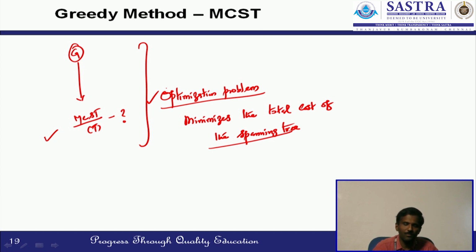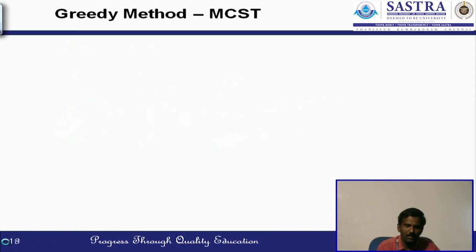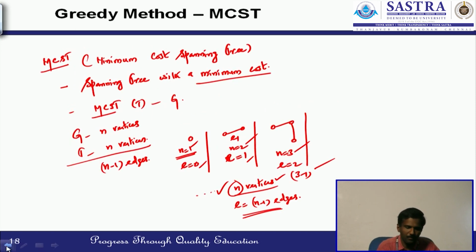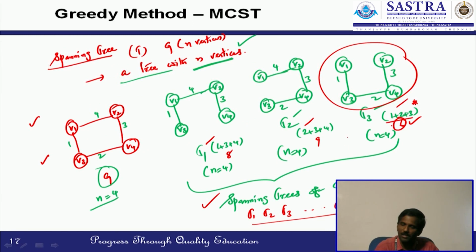In this case, for the outcome, minimum cost spanning tree, for example, here, this is the list of edges included in the solution vector: V1, V3, V3, V4, V2, V4.